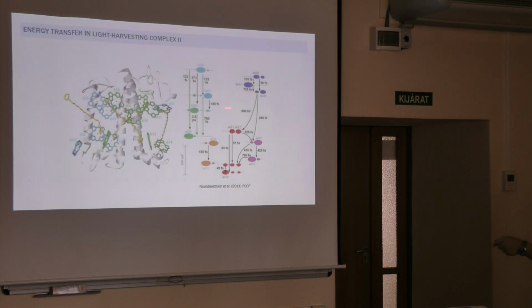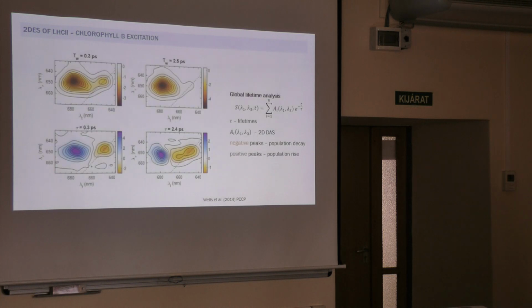You have these higher excited states from chlorophyll B, and then the lower excited states from chlorophyll A. We did this kind of spectroscopy. We can tune the excitation beam to overlap with those states, and then the probe will detect all of them, so this is kind of a two-color experiment.